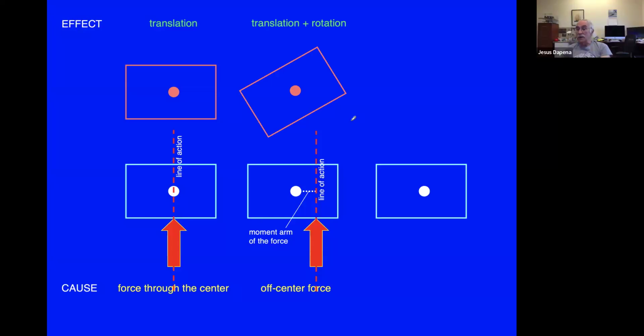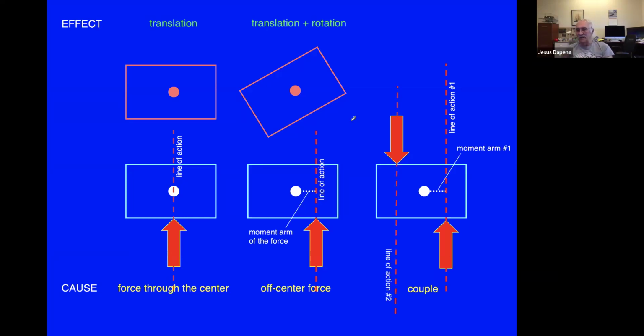Okay, so now I'm going to be making a couple. We're going to look first at the force on the right side. We'll call it force number 1. It has a line of action number 1, and it has a moment arm. The other force has a different line of action, and it also is off center.